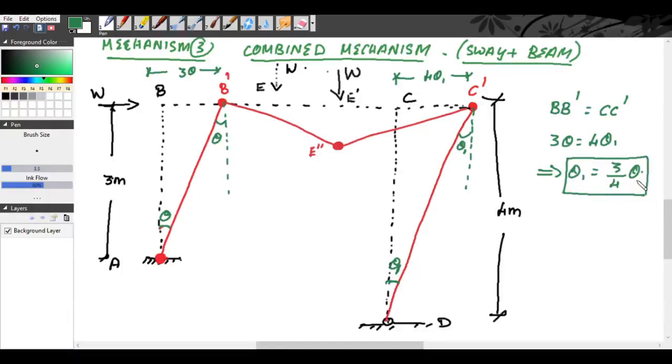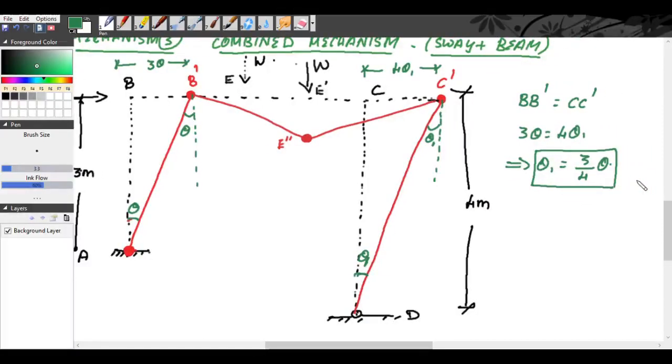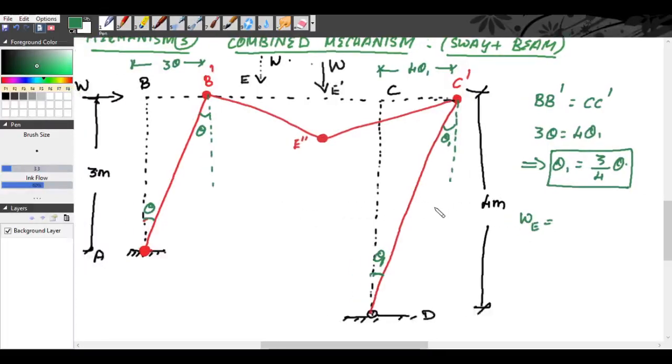Now our external work done will be equal to, we have a load at B, W at B. So W into distance moved, distance under the load, that is 3 theta, plus you have one load here at E, that is W into distance under the load.